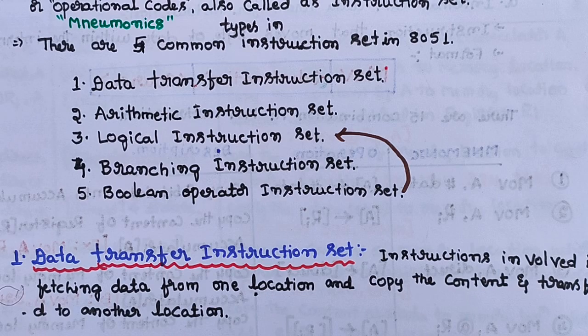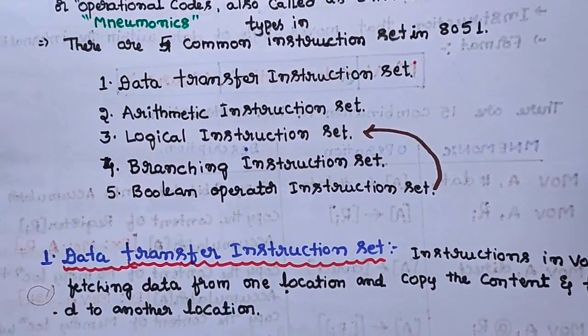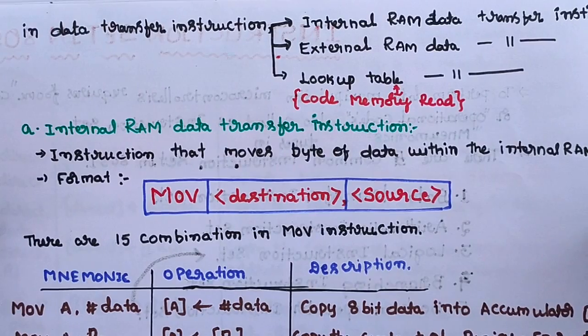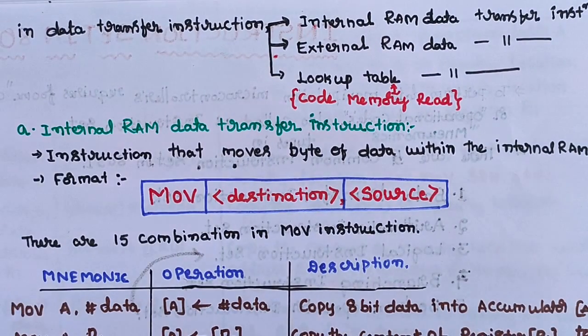The data transfer instruction set is again divided into the internal RAM data transfer instruction, external RAM data transfer instruction, and lookup table type of transfer instruction.